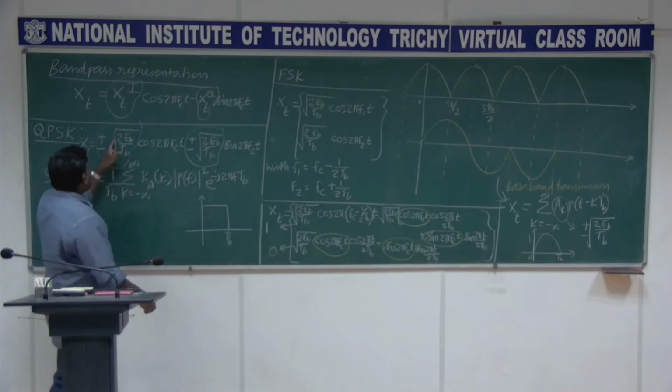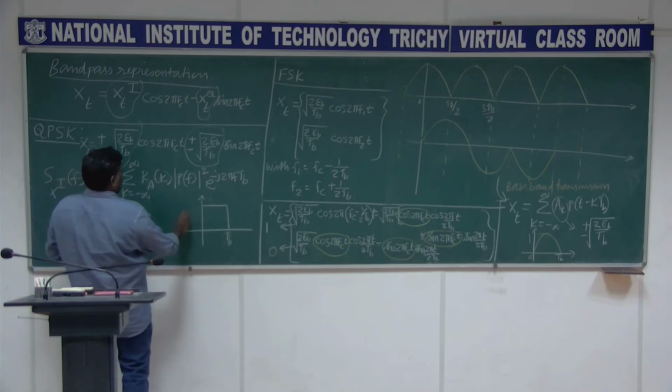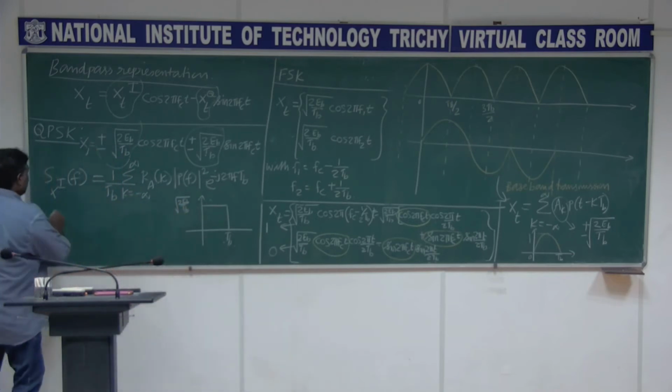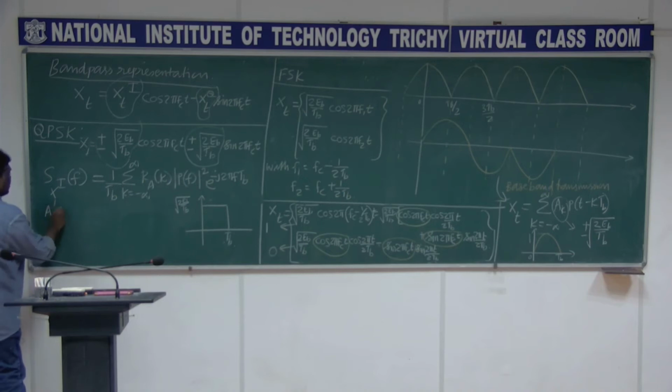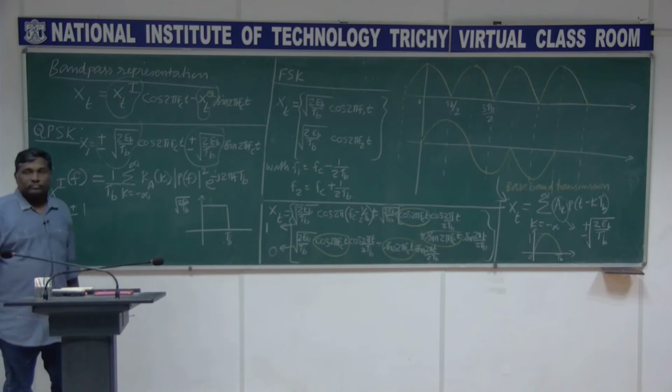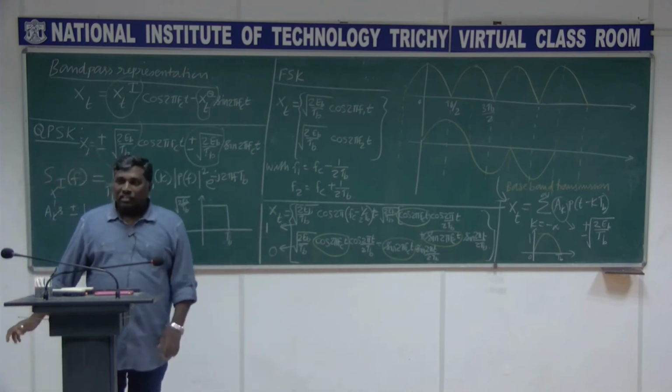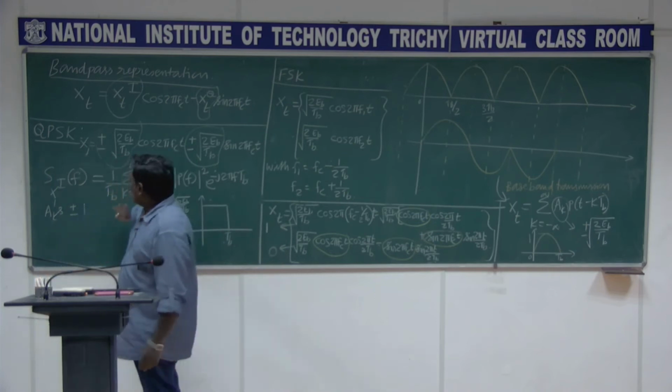And the amplitude I can bring here as root 2E_B by T_B, and my A_k takes the values plus or minus 1. I have done it there in a different way, that is not a problem, but still this is simple.